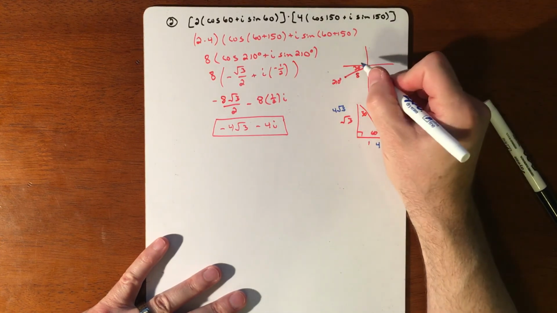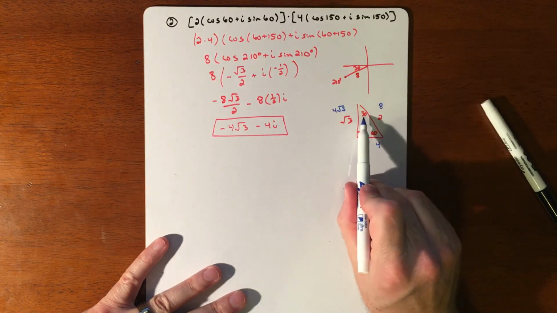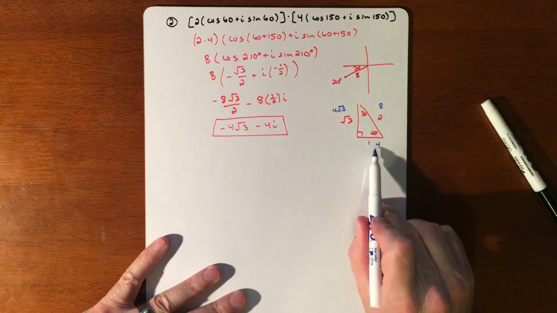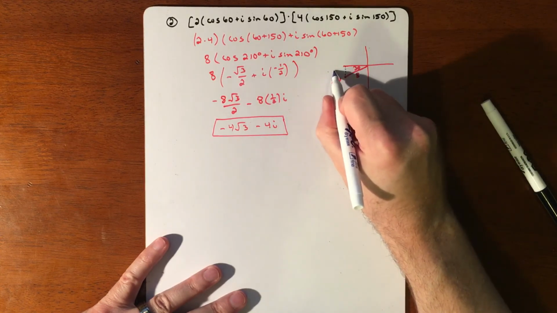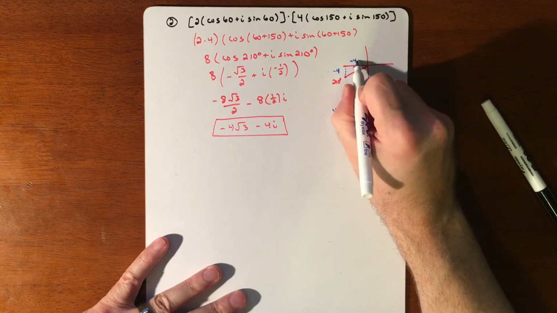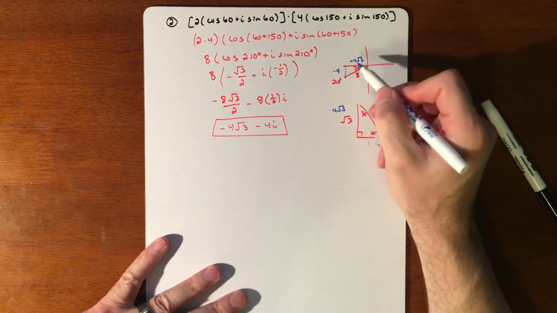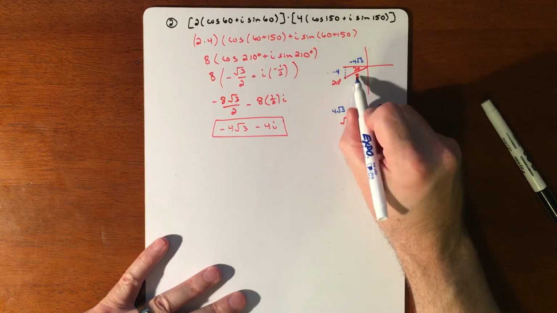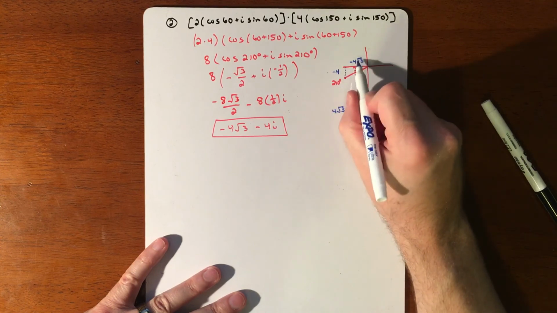The 30 is here, so this would have been your y value. So if that was 8, this would have been a negative 4, and this would have been a negative 4 root 3 if you apply your basic ratios of your 30-60-90. So this side would have been half of the hypotenuse, and then this is just the x root 3 to go to here.